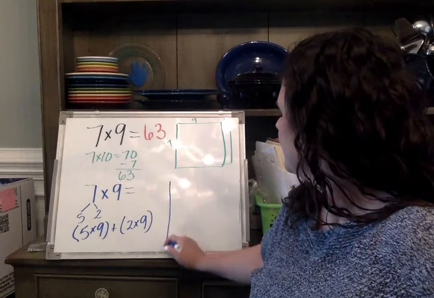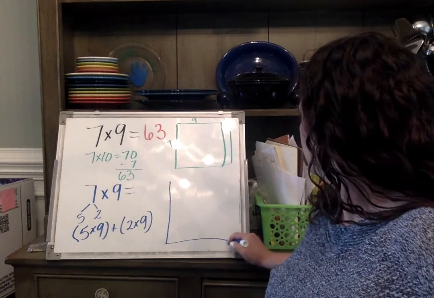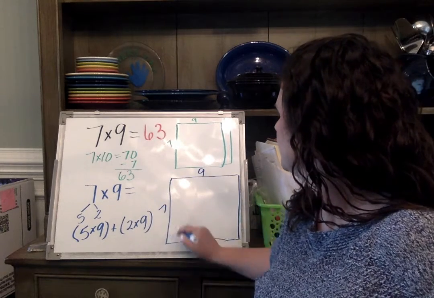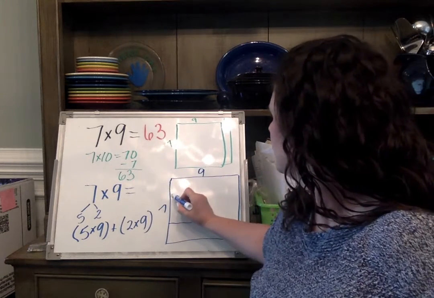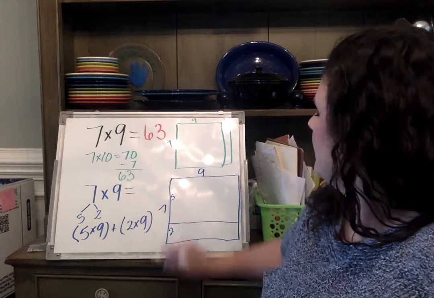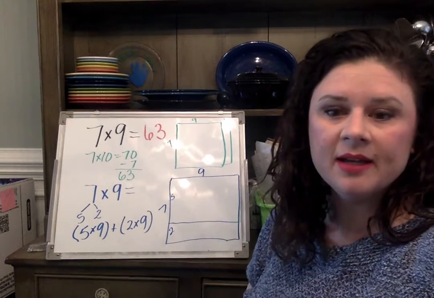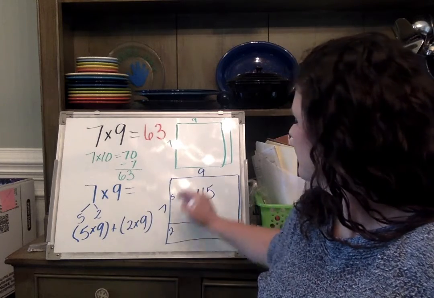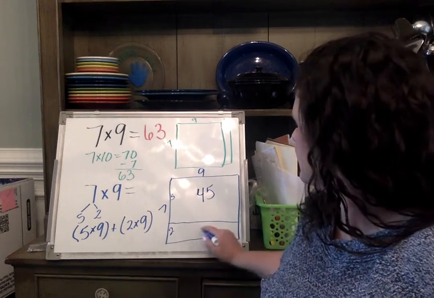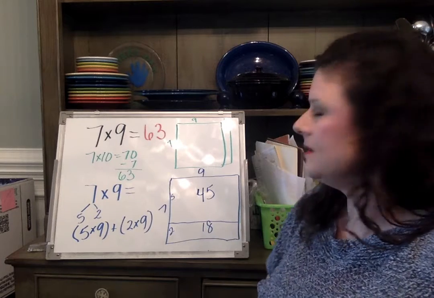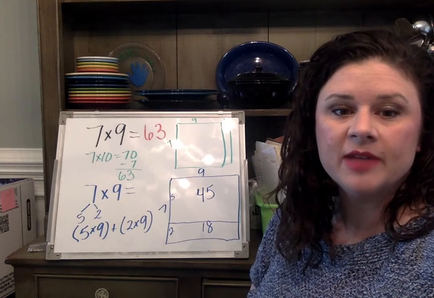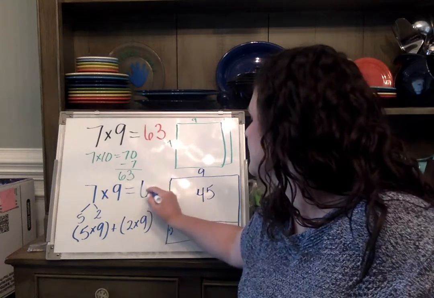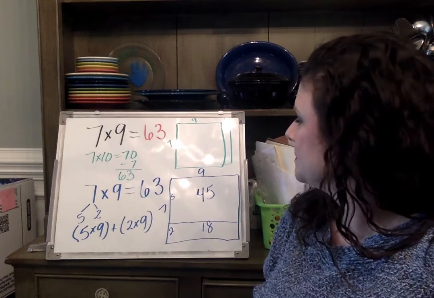Okay, and if I look over here in my open area model, 5 times 9 is 45. 2 times 9 is 18. 45 and 18 make 63.